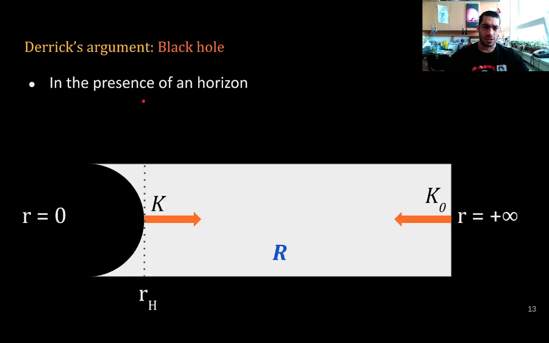In this case, due to the appearance of a horizon, there is an additional boundary, which is the horizon, and hence the radius has to be translated to this horizon radius. This means that now the transformation of the radius will be r_h plus lambda times r minus r_h, where r_h is the horizon radius.